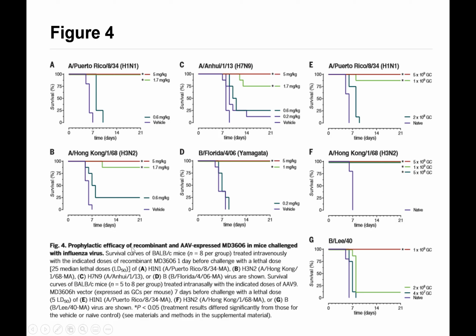And to do this, they're looking at percent survival. So they're giving the animals a lethal dose or very high dose of influenza to see how well the antibody protection works.